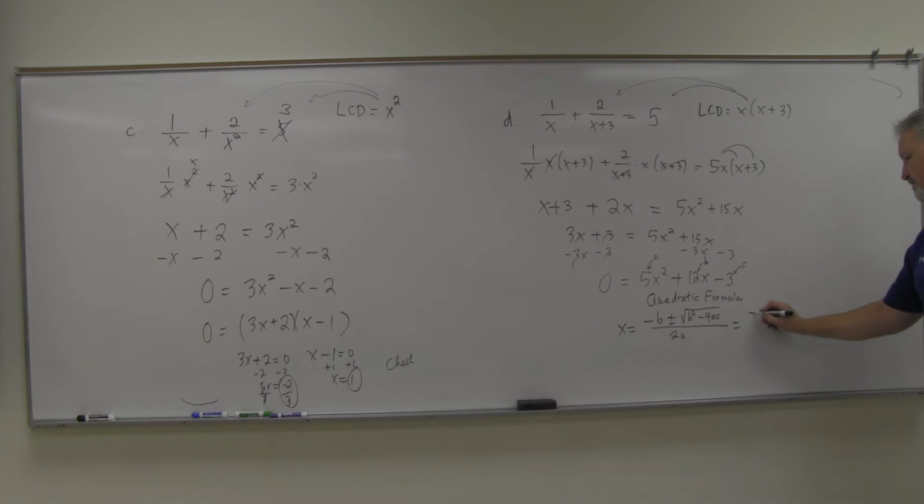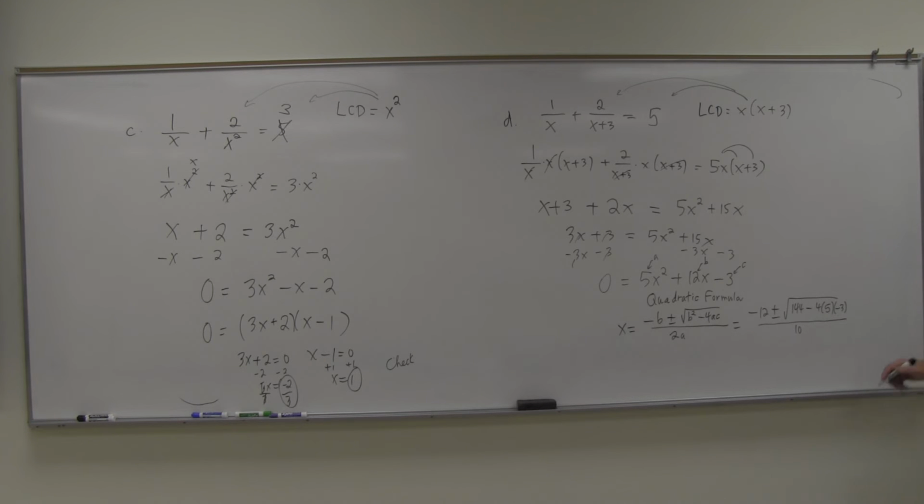So b is 12, so it'll be minus 12 plus or minus the square root of b squared. Well, you square 12, you get 144, minus, let's just go ahead and write out the 4ac. So it'll be minus 4 times a, 5, times c, negative 3. So there's our 4ac there, and then 2 times a, so it'll be over 10.